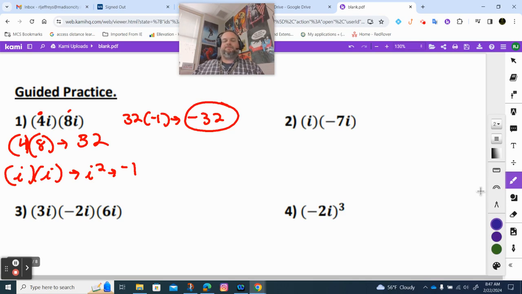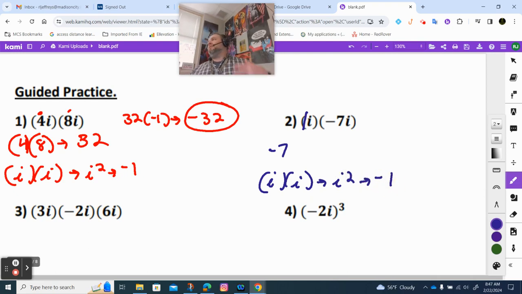All right. Now, here's the good news. This is a 1. So 1 times negative 7 is just negative 7. And i times i is i squared, which is negative 1.